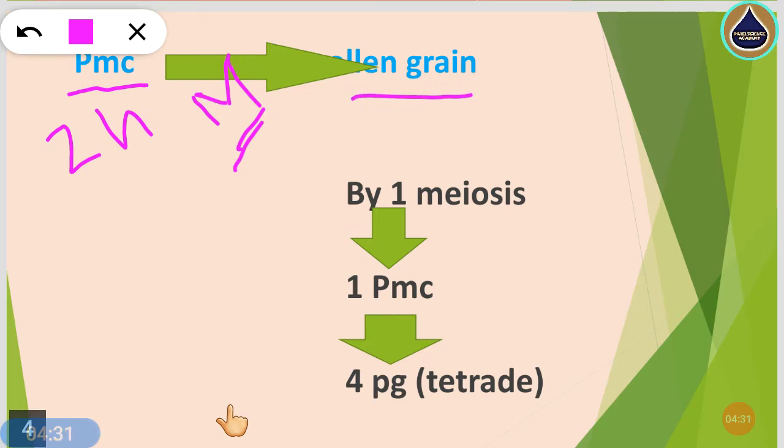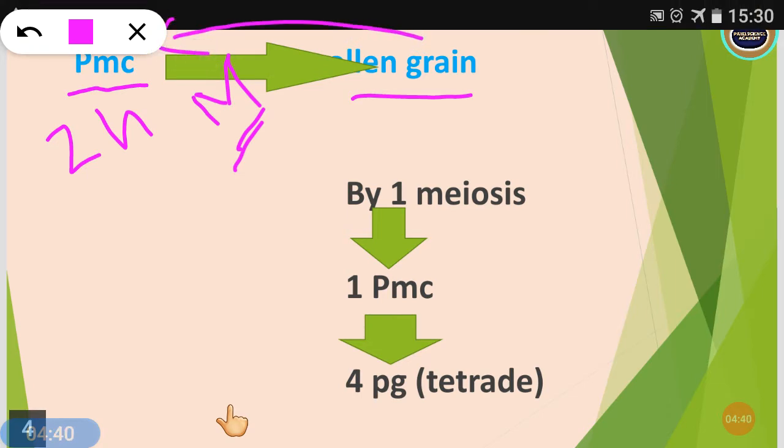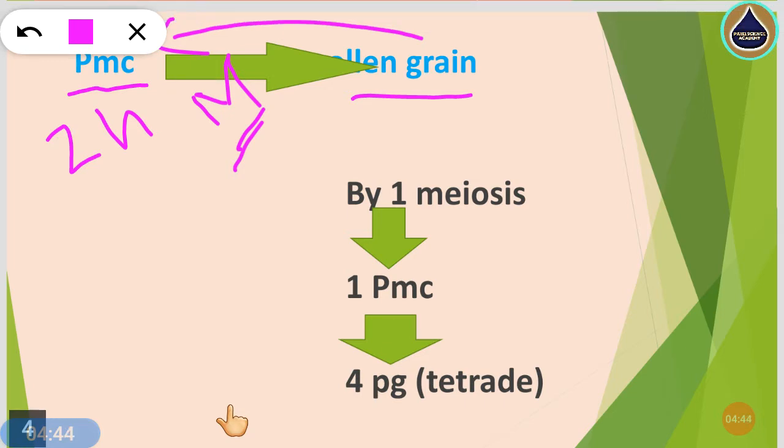I hope you understand what a pollen grain is, and that male gametes are formed in the pollen grain. The pollen grains are formed from the pollen mother cell by the process of meiosis, which is a reduction cell division.